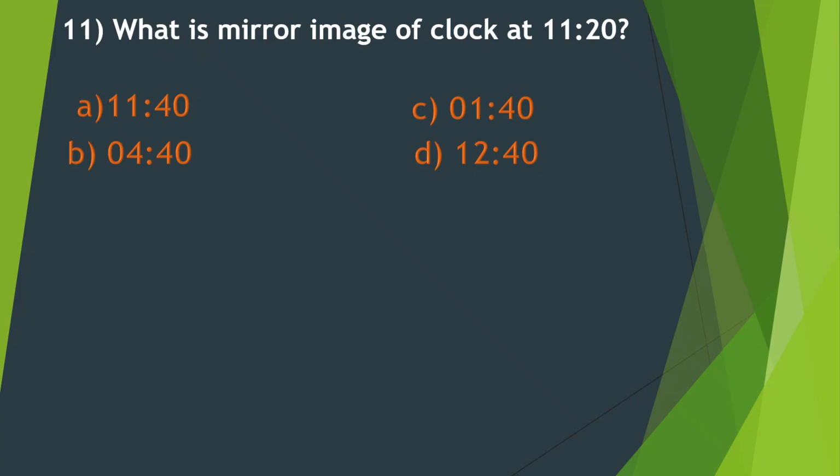11th question on your screen and your time starts now. Solve this. Mirror image of clock at 11:20 is asked. Within 30 seconds, you can solve this problem. Only thing you need to remember is the formulas and the concept.